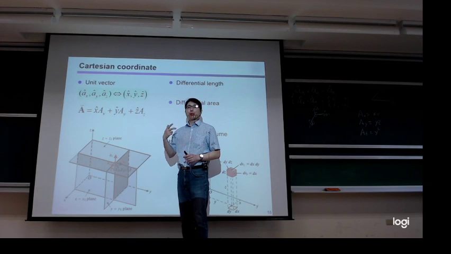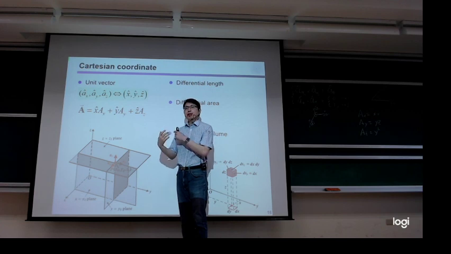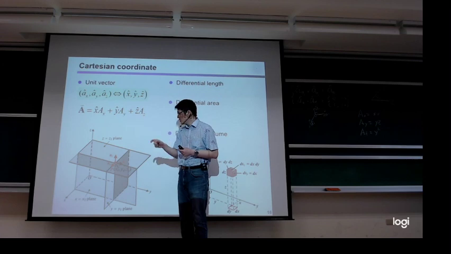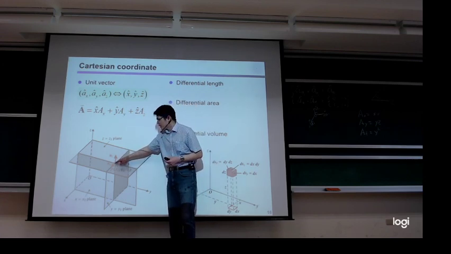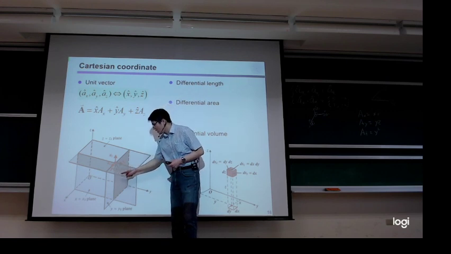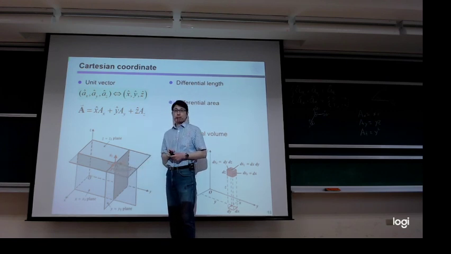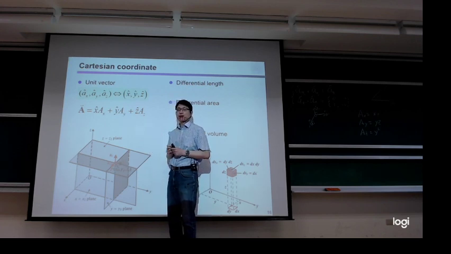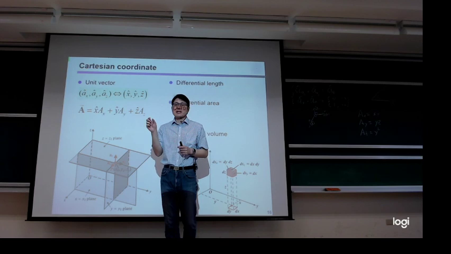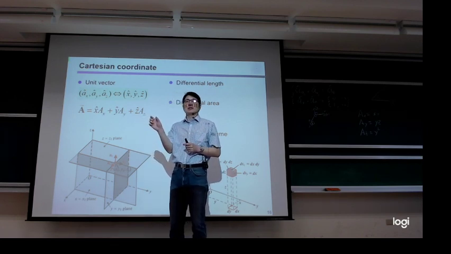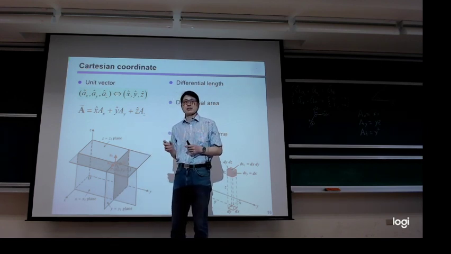These are my three different axes. If I allow some small change, starting from a given point P, which has x1, y1, and z1, all these position values, I allow them to have some small change in the x, y, and z directions.